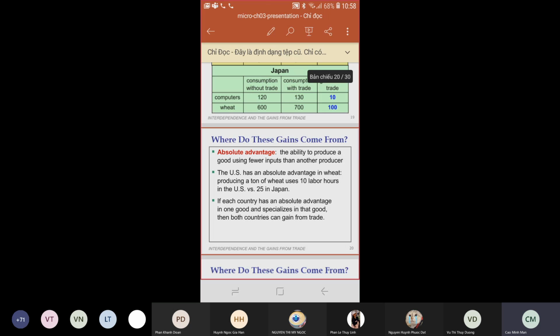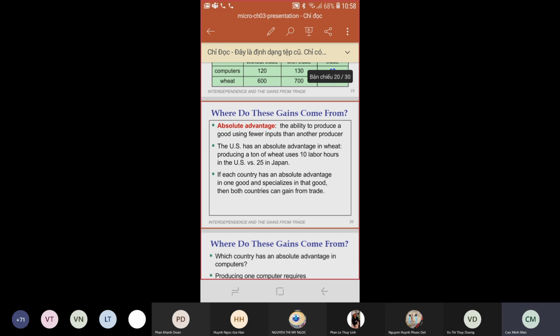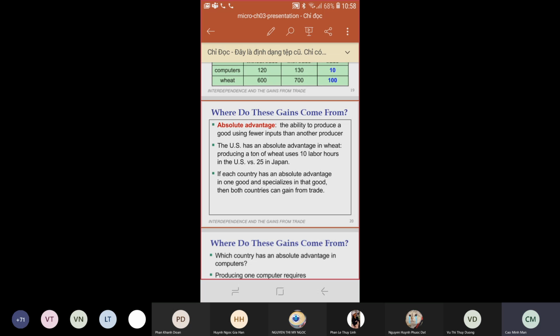Do you remember our example of wheat? Yes, I think you still remember. The US has absolute advantage in producing wheat and computers. And based on the argument I just shared with you, the US should produce both wheat and computers and export to Japan.